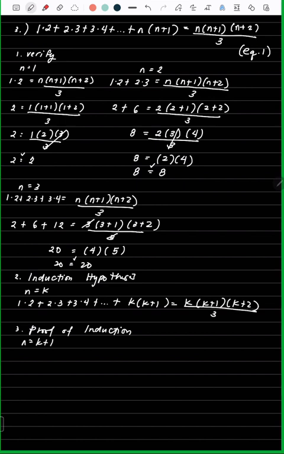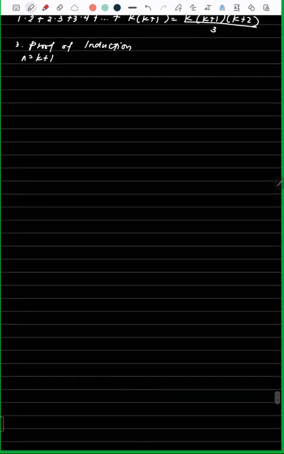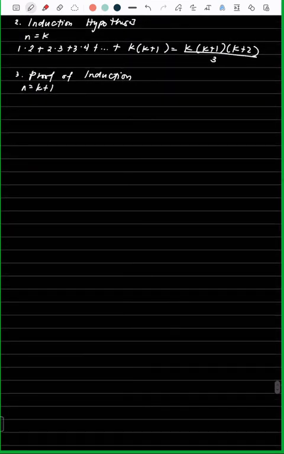So for the proof of induction, we will have our n is equal to k plus 1. All right. So from our induction hypothesis, 1 times 2 plus 2 times 3, we will now determine the k plus 1 term.